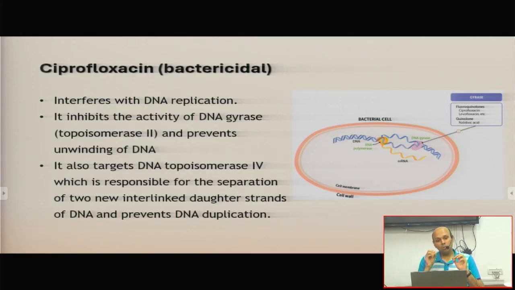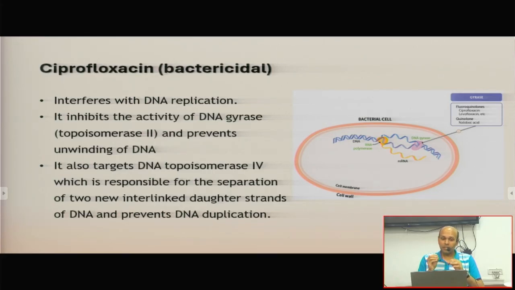So the job of DNA gyrase is to relieve that stress, because if too much stress is created, if you pull, what's going to break? Same thing will happen over here.